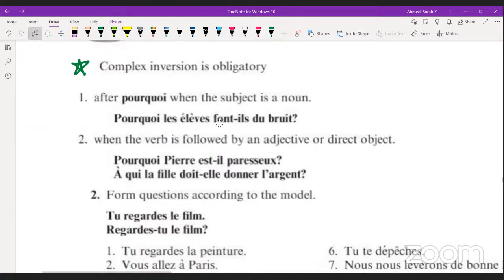So, pourquoi les élèves font-ils du bruit? Over here we have complex inversion, and that comes after pourquoi.